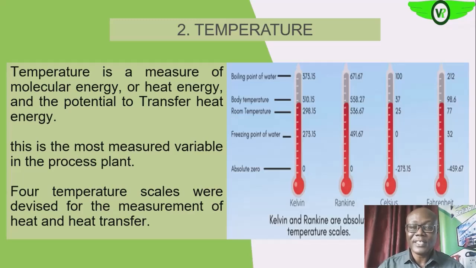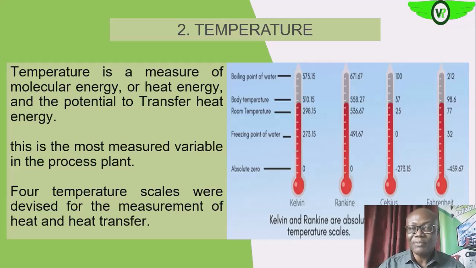That is the heat energy contained in the process, or the potential of the process material to transfer heat. This is in fact the most measured variable in the process industry.